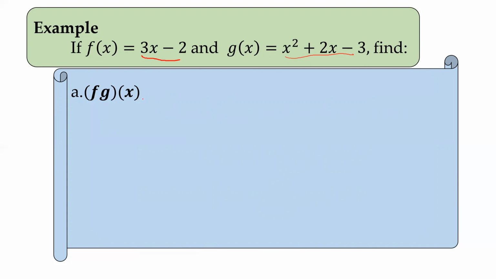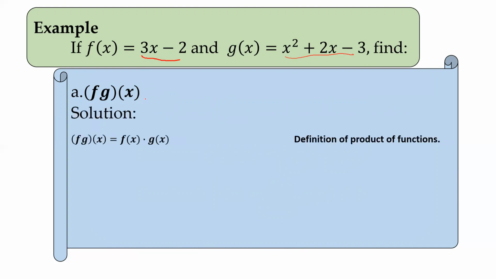First, we have to define. The definition of product is f times g of x is equal to f of x times g of x. So this point in the middle represents the product, or the times. When you see a point in the center like that, that is product or multiplication.